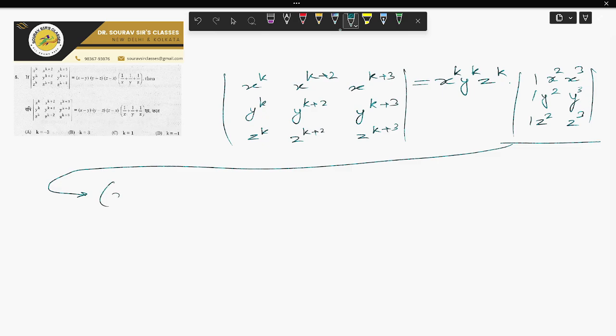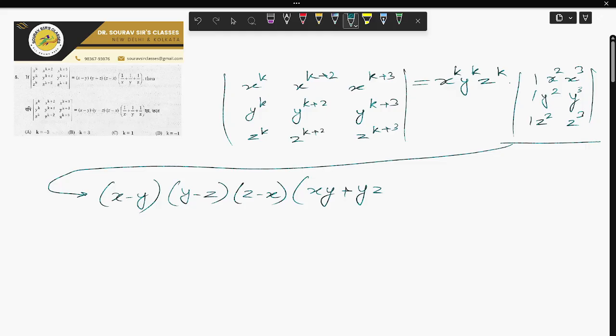So that is equal to (x minus y)(y minus z)(z minus x) into (xy plus yz plus zx). This is a very well-known determinant, so I directly put the answer here.